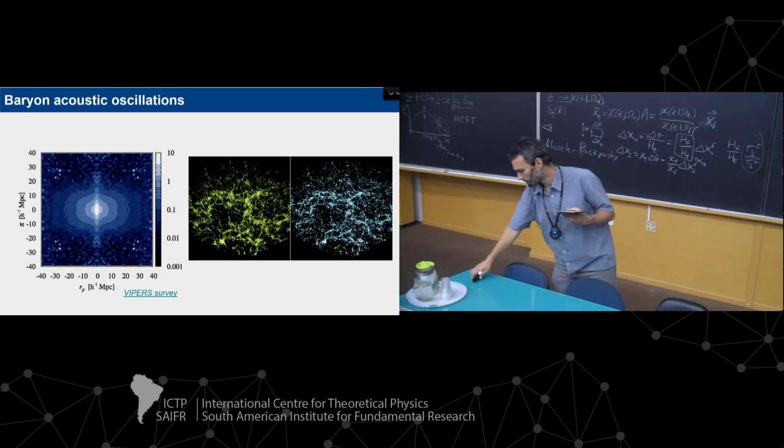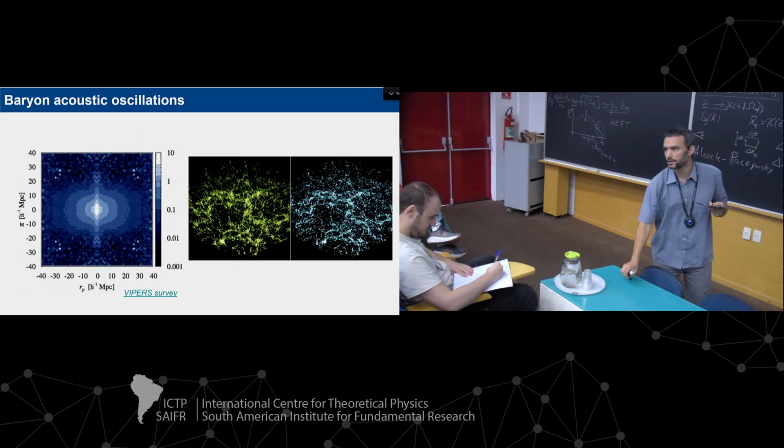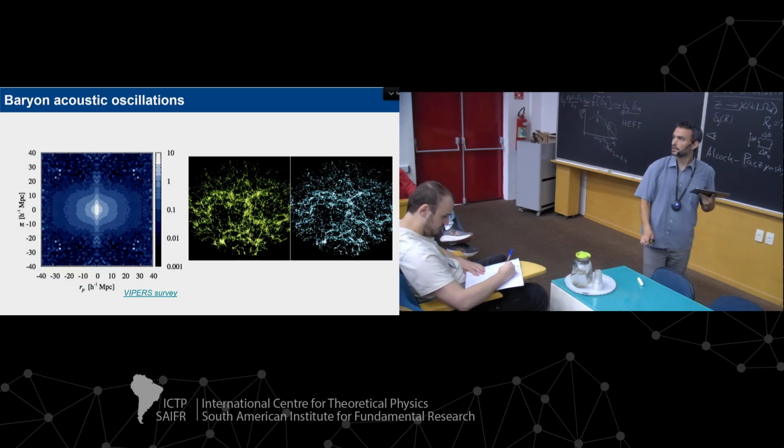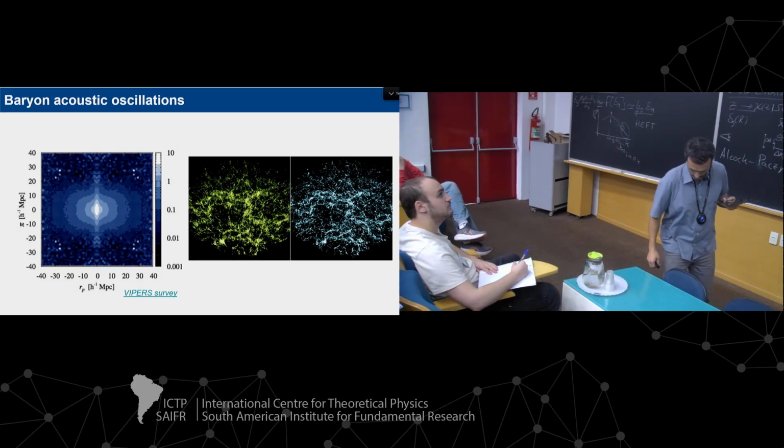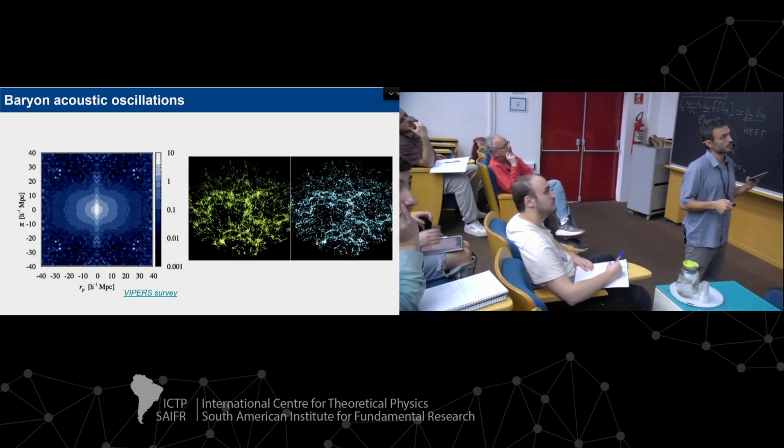And I think Roman already told you about this fingers of God effect. Does that ring a bell? Yes? Okay. You can see those in action here. This is an image from, I think, a simulation or a real catalog where the fingers of God are subtracted afterwards. This is essentially the same galaxies, except one of them doesn't have redshift space distortions, and the other one does.